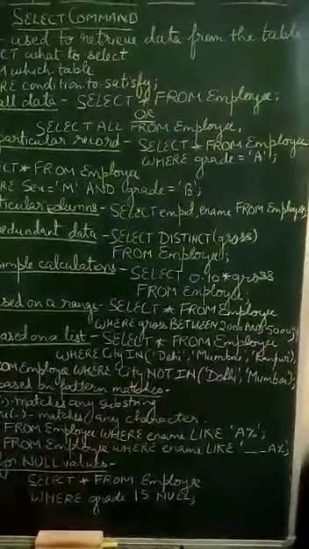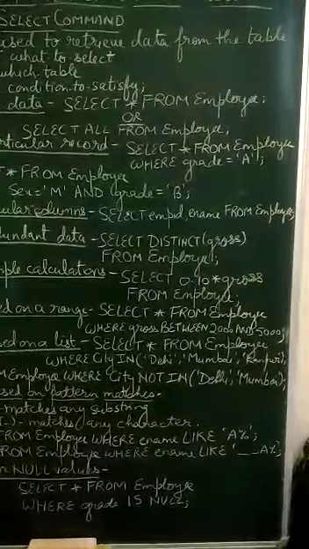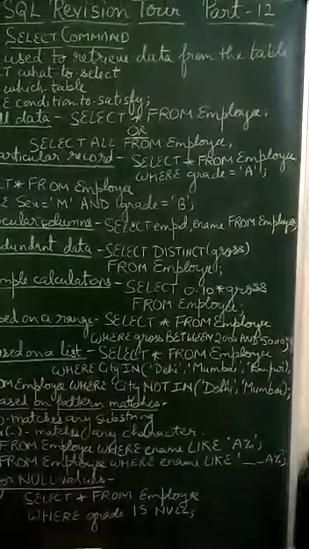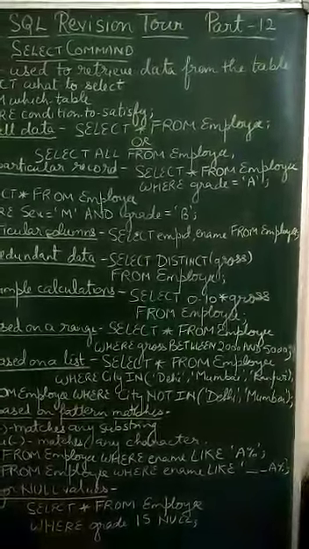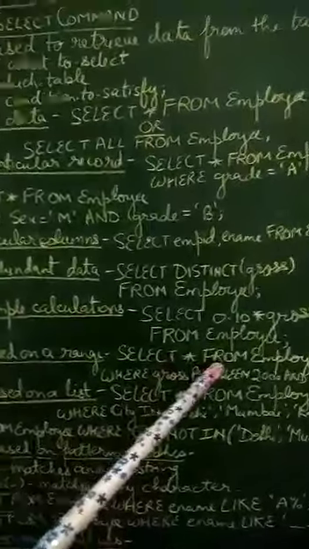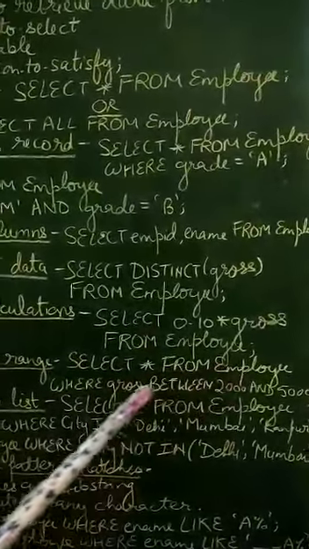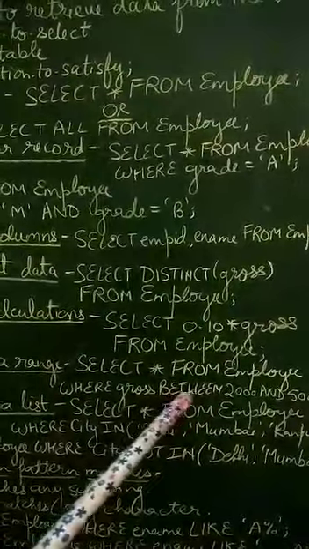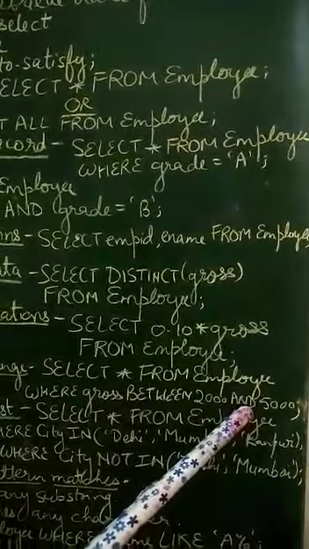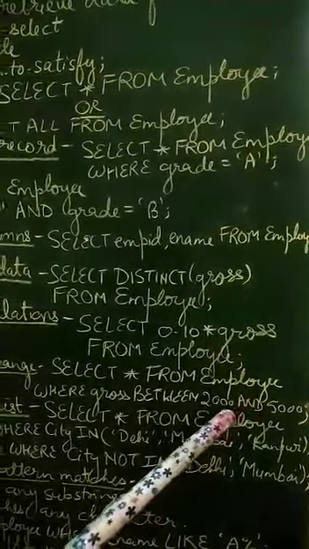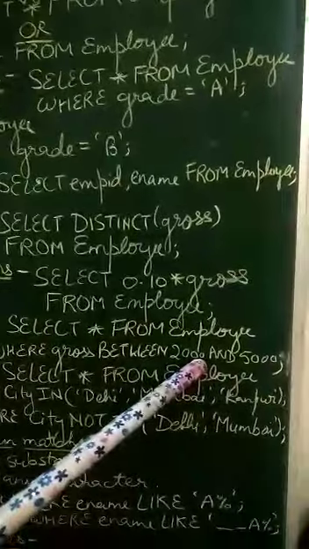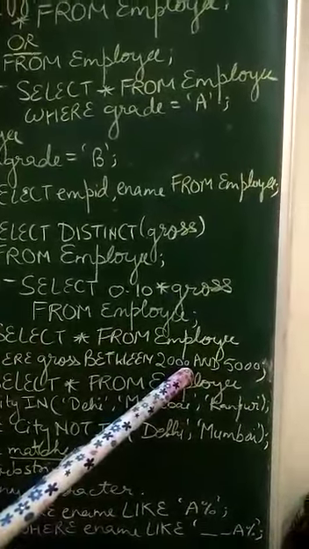For example, to list the details of those employees whose gross lies between 2000 and 5000, the command would be select asterisk from employee where gross between 2000 and 5000. Remember one thing here, children, both lower range and upper range are inclusive with the between operator.